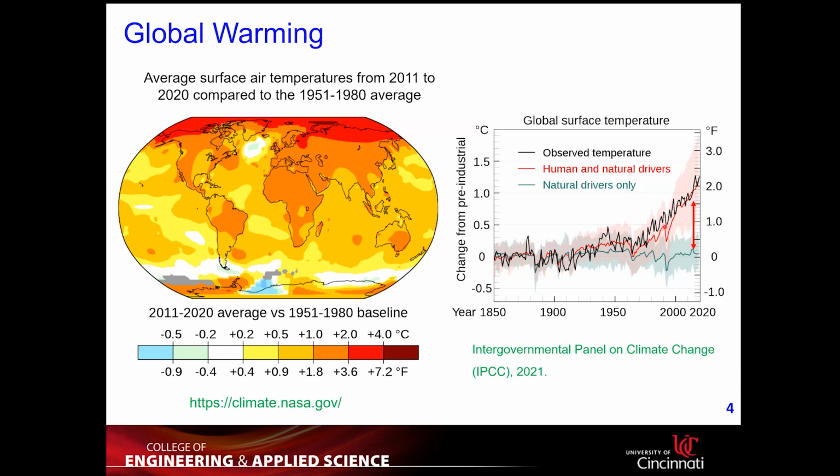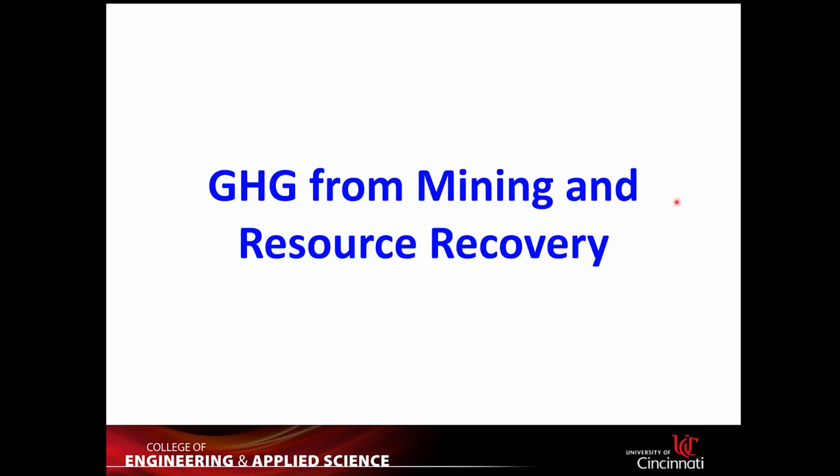So finally, we see this black observed temperature going up ever and ever. The difference between the green line and the black line indicates the contribution of human activities to the temperature increase. It is not very significant, but even a 1 or 2 degree Fahrenheit change, or even a 1 degree Celsius change, makes a huge difference, as you know, in climate change, right?